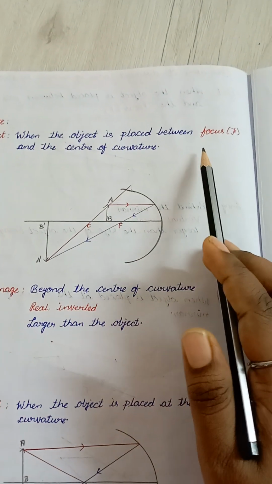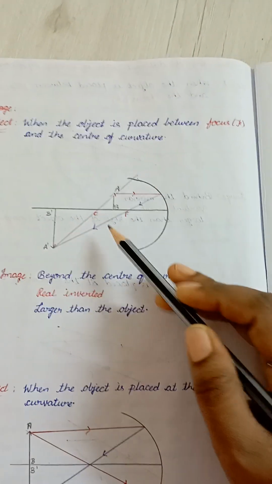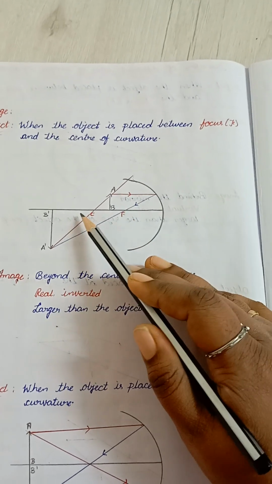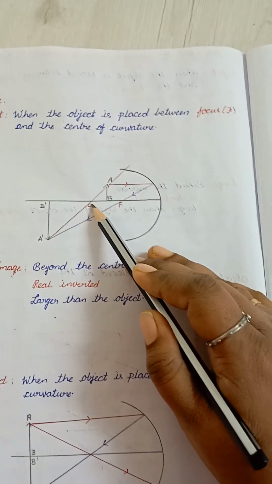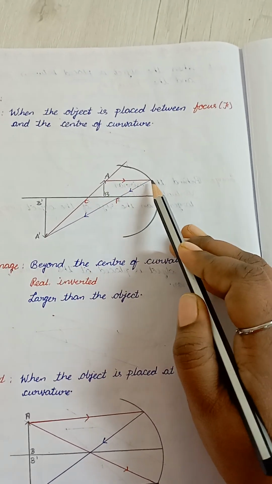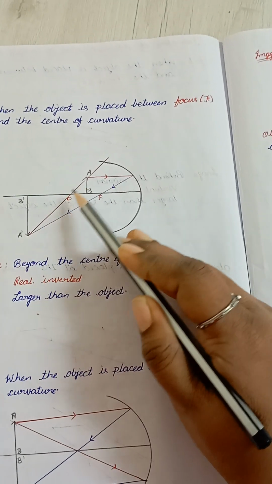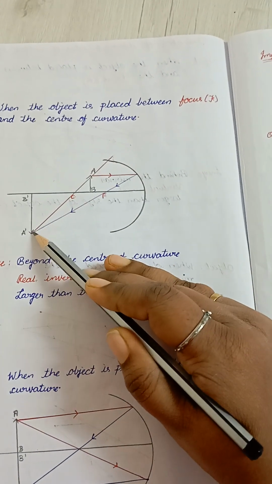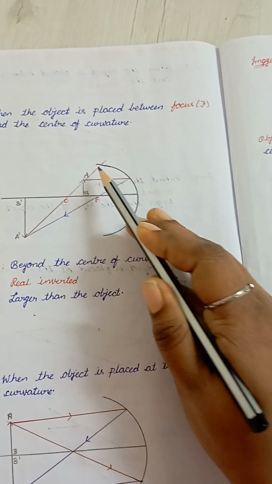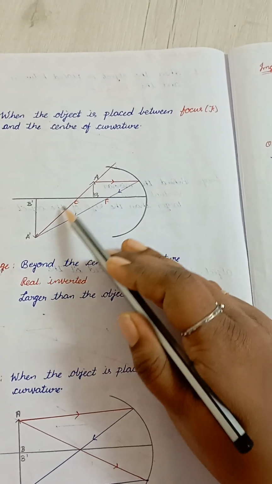When the object is placed between focus and center of curvature. Previously we placed the object at focus. Now between focus and the center of curvature. For that we need two incident rays. One parallel to the principal axis passes through focus. Again one through the center of curvature. See, this reflected ray is meeting here, and this reflected ray retraces its path, right?